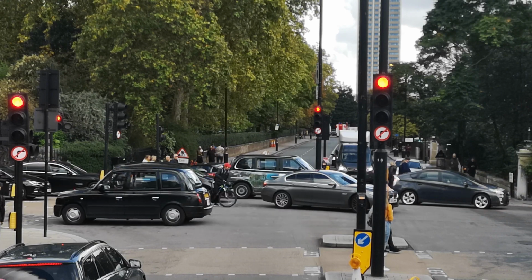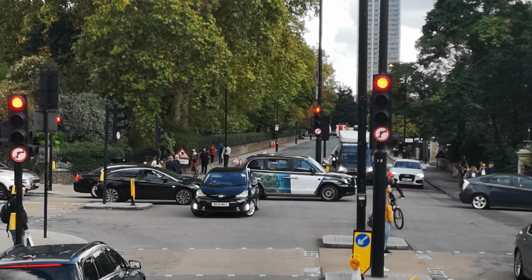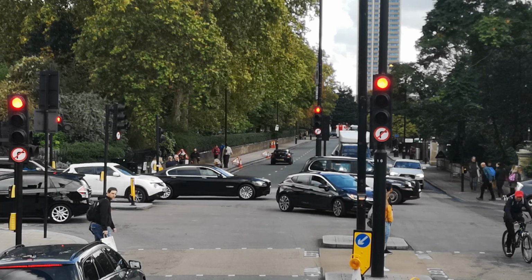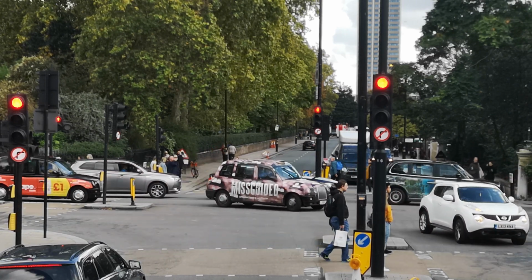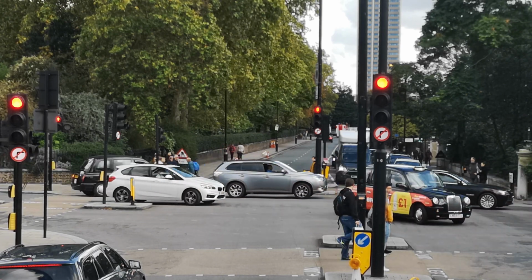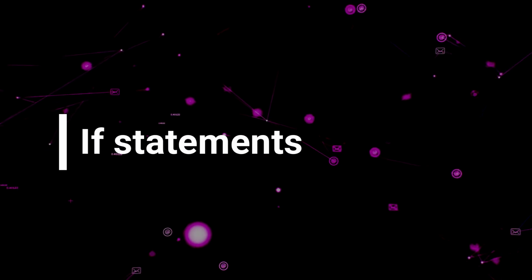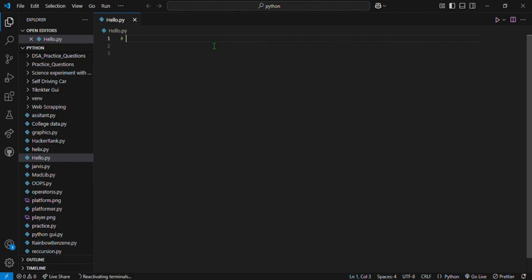If the light is green, you go. If it's red, you stop. On the basis of these conditions, you go or you stop. So this is a perfect analogy for conditional statements. The first condition in conditional statements is the if statement. So let's look at the if statement syntax.